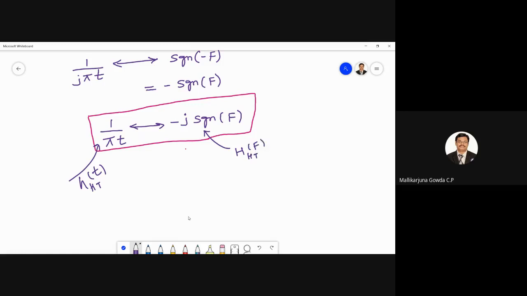Hope this is clear. Yes, is it clear? Yes, sir. So finally, what I wanted to say is the impulse response of the Hilbert transform in time domain is equal to 1 by pi t.